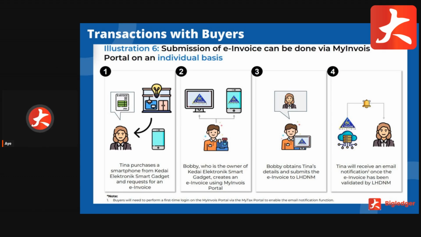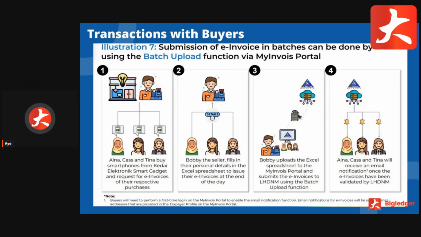If they don't have any ERP system that integrates with the LHDN side, then they need to manually submit from the MyInvoice portal. They can submit one by one, so they key in their buyer's details, their item details, their amount, and then submit to LHDN.